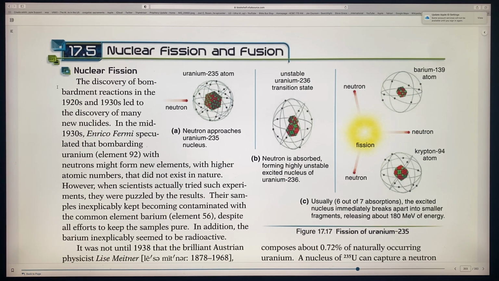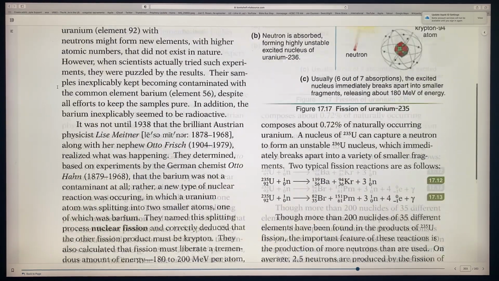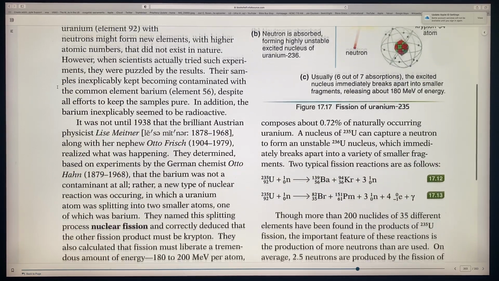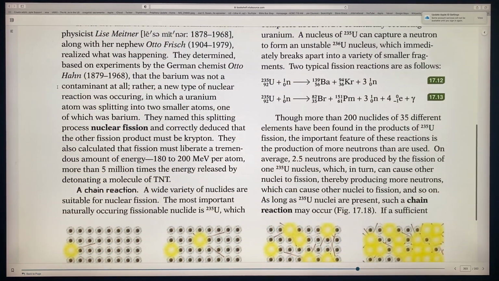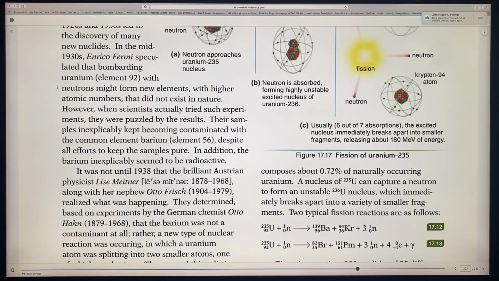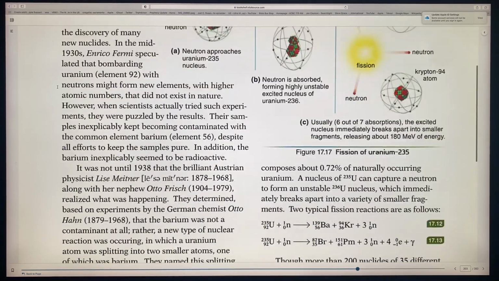Of course, the scientists were mesmerized and started doing more experiments on this subject. We're talking about 1938, even before World War II and the bomb. And of course, Lise Meitner was a woman at this time who was looking at this happen. I bet you've never heard her name. So Lise Meitner, or Meitner, that's how you pronounce it, Lise Meitner.